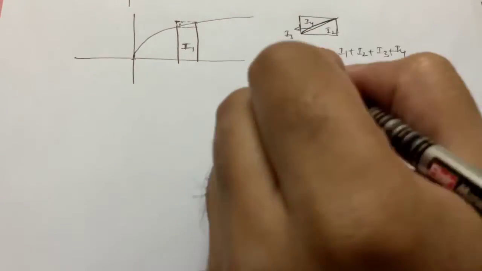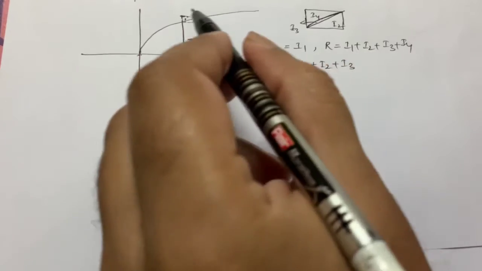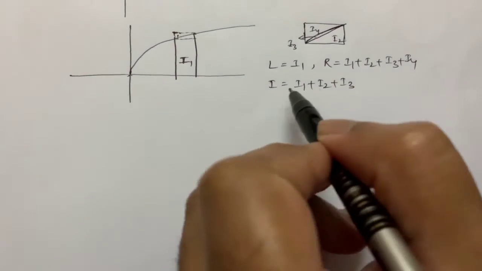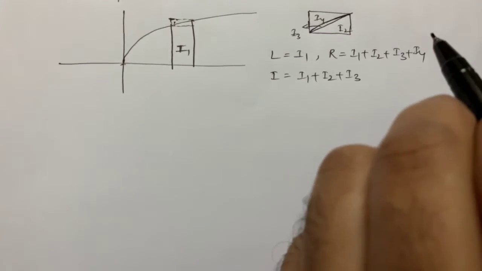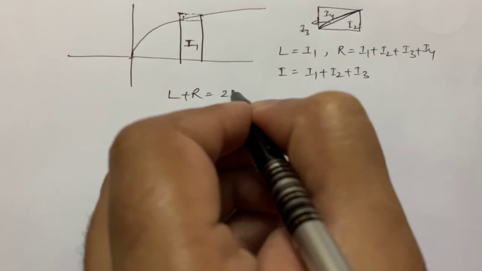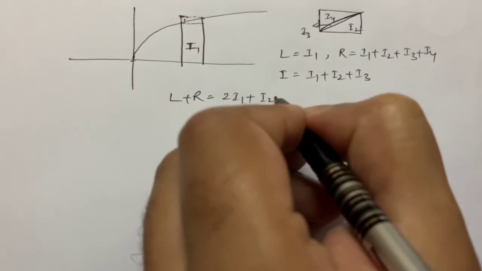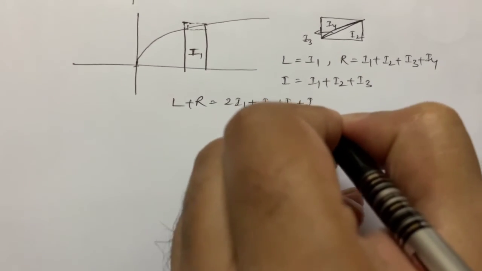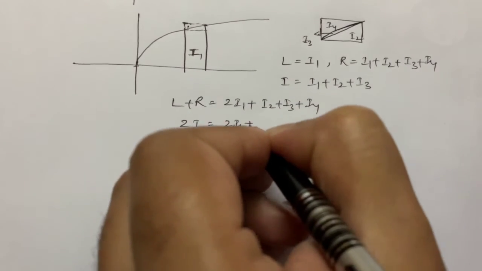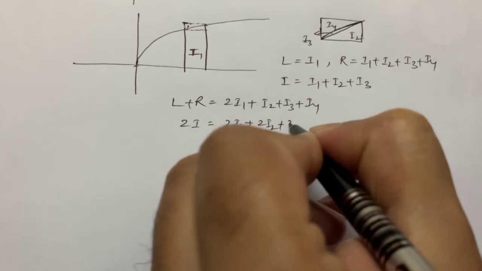According to the given information, we are looking at one rectangle. So, L plus R is equal to 2 I1 plus I2 plus I3 plus I4. 2I is equal to 2 I1 plus 2 I2 plus 2 I3.